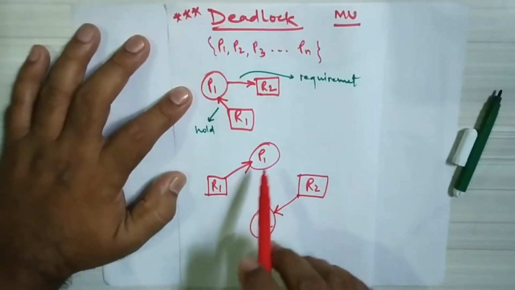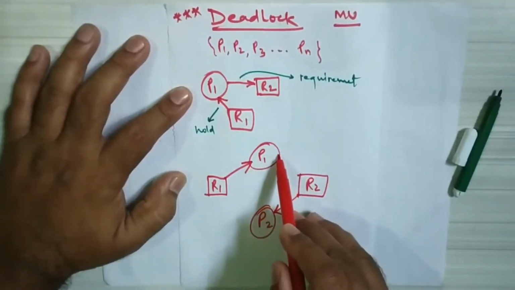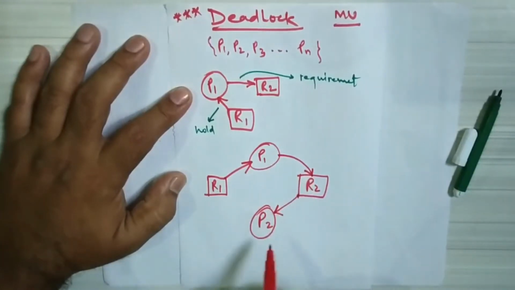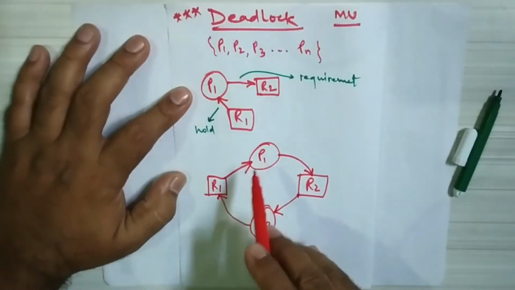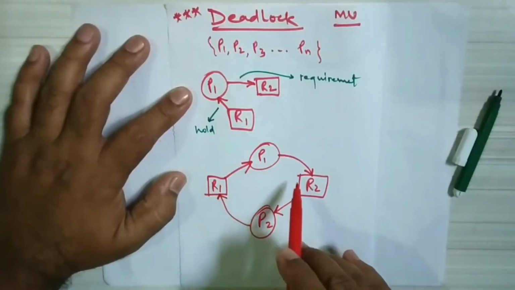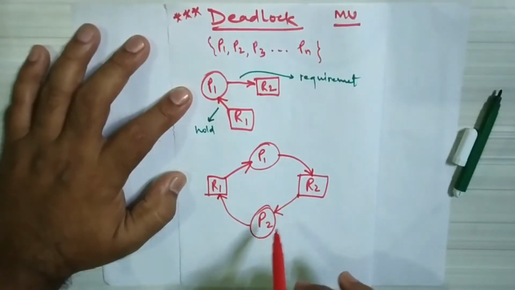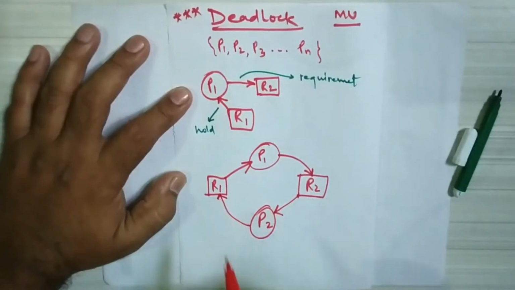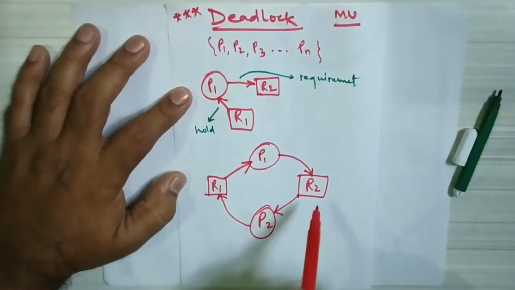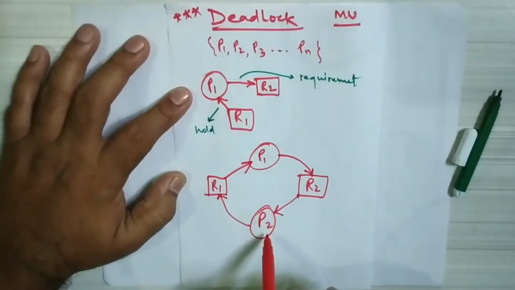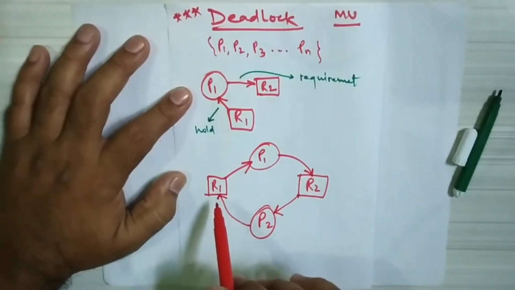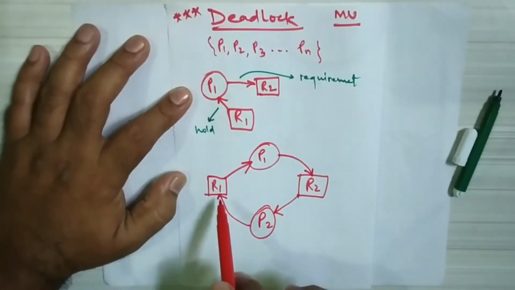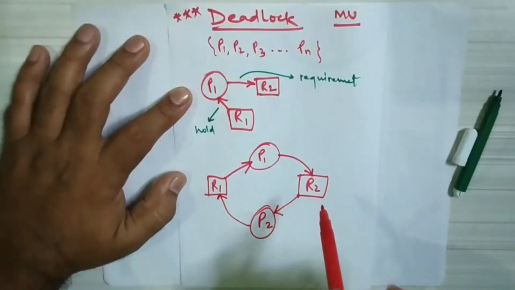Now p1 has a requirement of r2 and p2 has a requirement of r1. The situation is that p1 holds r1 and requires r2, while p2 holds r2 and requires r1. p2 will not release r2 until and unless it gains the hold of r1. जब तक r1 मिलेगा नहीं तब तक ये r2 छोड़ेगा नहीं.